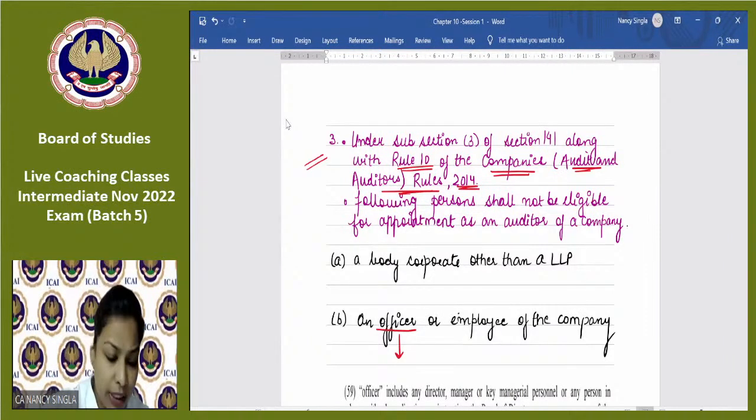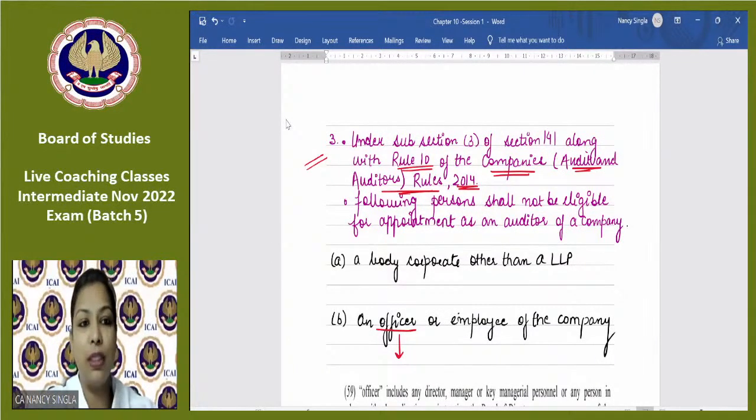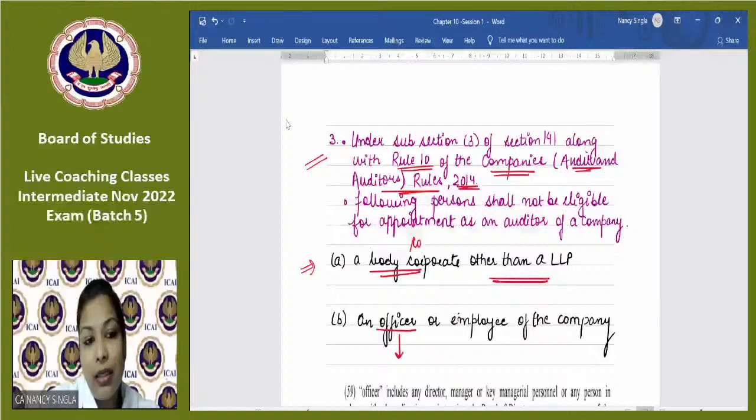So we will be referring to all those cases one by one. So there are in total 9 situations whereby a person becomes ineligible. He is not eligible to be appointed as an auditor of the company. So the first point is a body corporate other than an LLP. A body corporate can be, for example, a company.